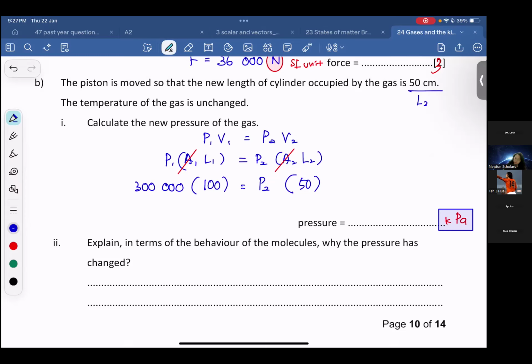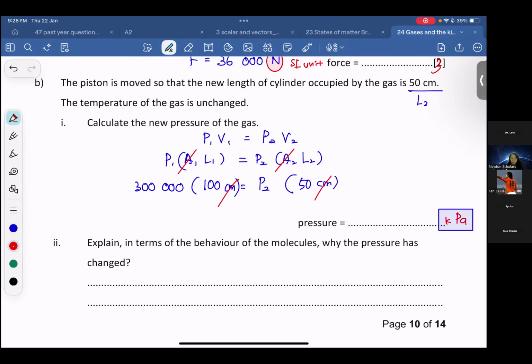Why? Because 100 cm and 50 cm, the cm cancel out, so without conversion on both sides is fine. If you want to convert, it's 1 m and 0.5 m, and you will find the answer is the same.